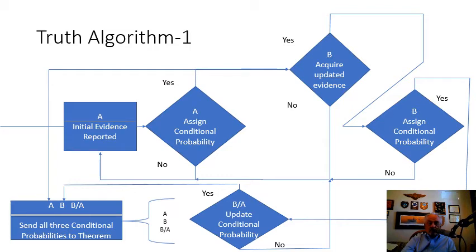And our final conclusion relates to a mathematical consideration or a theorem. We're going to have a mathematical theorem to help us understand how we should consider three things together, A, B, and B given A.